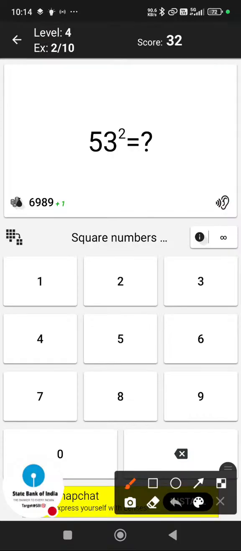After practicing some speed maths, we are going to see simplifications, approximations. Wait a second.